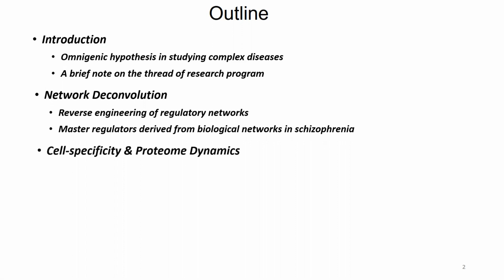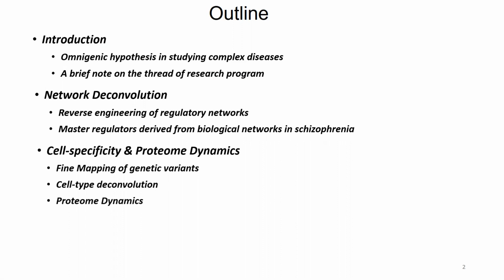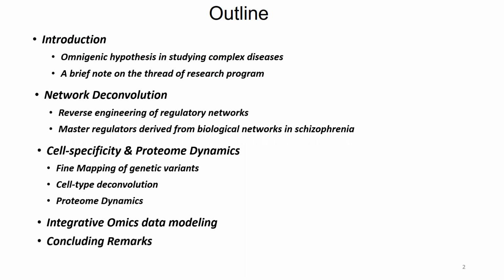Then I will bridge the first part of my talk, by talking about cell specificity and protein dynamics, to the second part of my talk, which is about integrative omics data modeling with the application in neuropsychiatric and neurodevelopmental disorders. And finally, I will talk about the concluding remarks and potential future avenues.